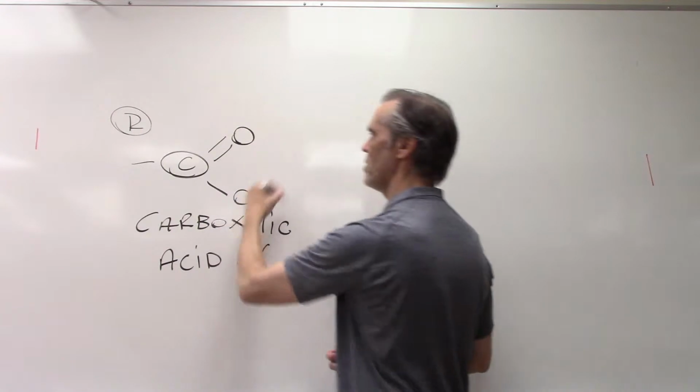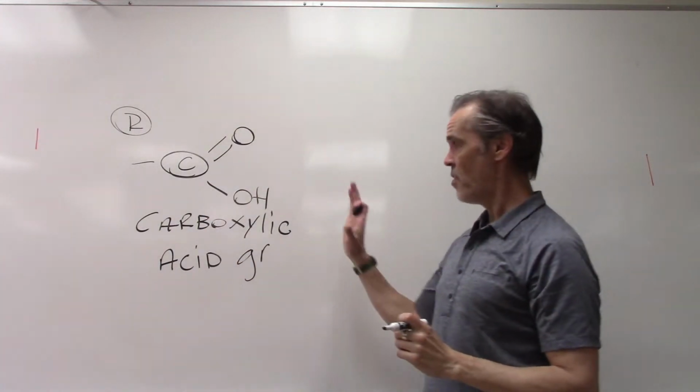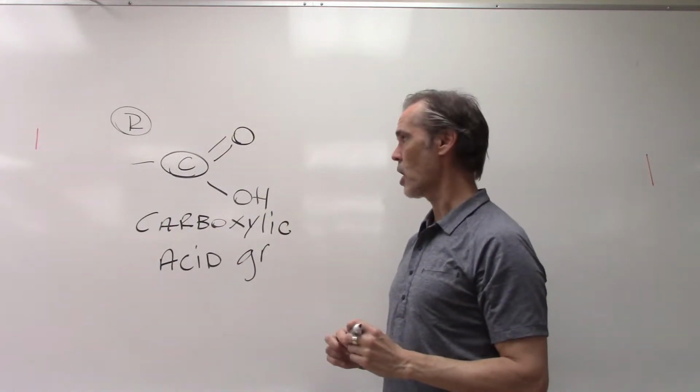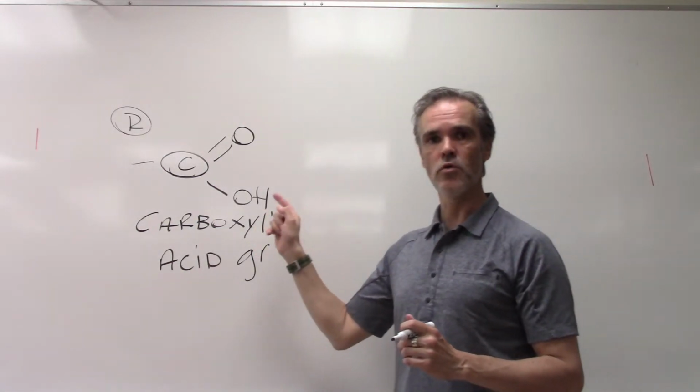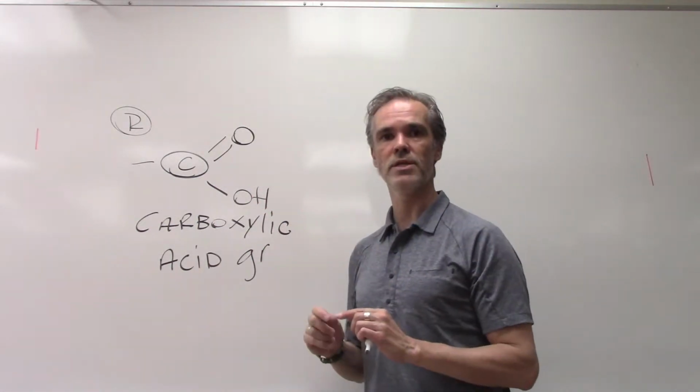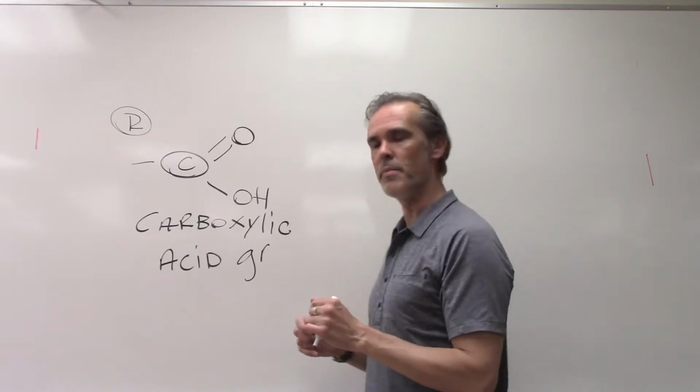Carboxylic acid group, if you ever see this, that's what it is. It's a very important functional group when we're talking about proteins. I will come back to this a little bit later.